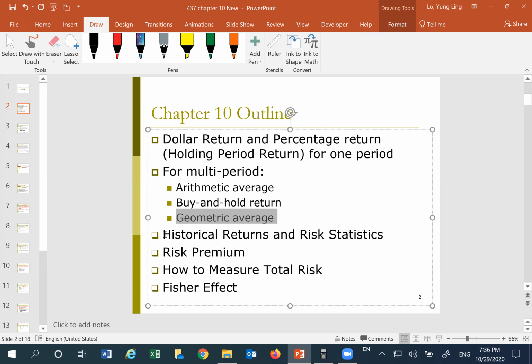Then after that, by looking at the actual historical returns in US history, we classify different assets into different portfolios or different categories, and we calculate their returns and their risk. Then we compare the different portfolios based on the different risk levels, and we're going to see that these two variables, risk and return, actually have a positive relationship in the long run, which means that the riskier assets tend to pay higher returns in the long run.